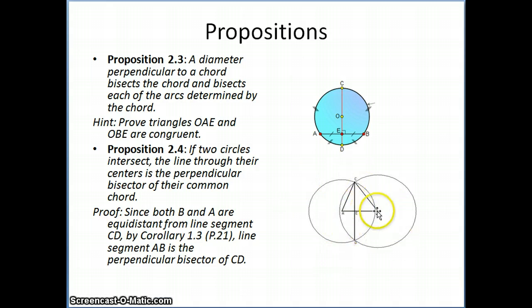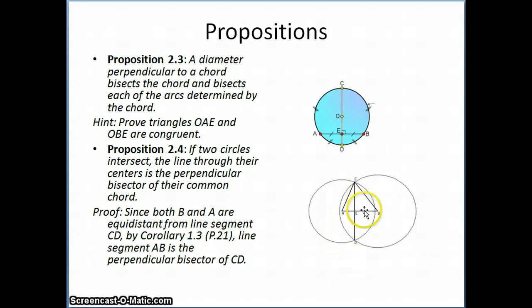We join these two centers, we get a line segment AB. And then these two circles intersect at C and D, and we can connect these two intersection points, we get CD. So AB is a line segment through two centers, and CD is the line segment through the two intersection points. And what's the relationship between them?